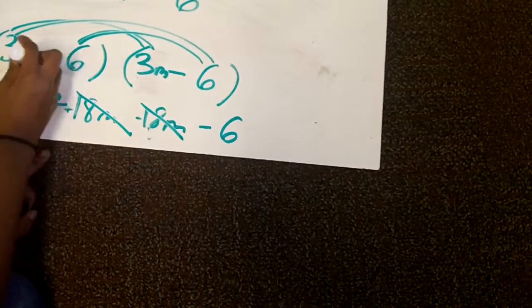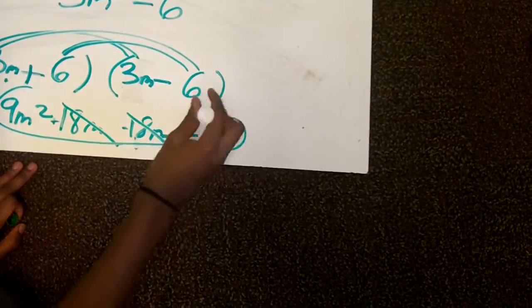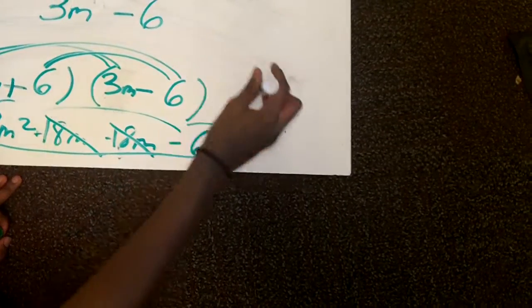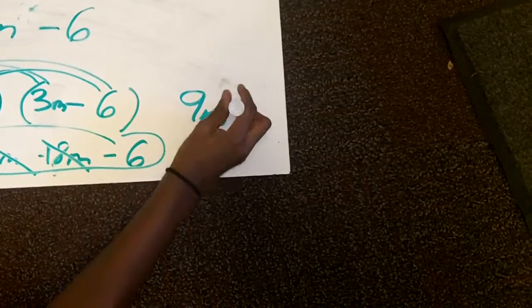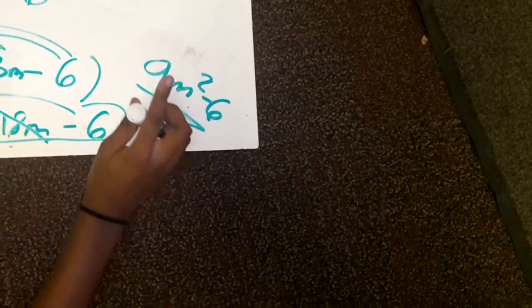Cross out these terms, get those two, and that is what I started with. Wait, no, I was wrong. 36. There we go. Now that's right. And that is exactly what I started with.